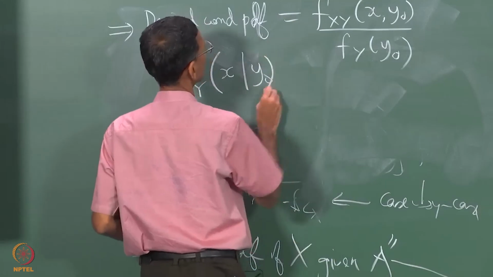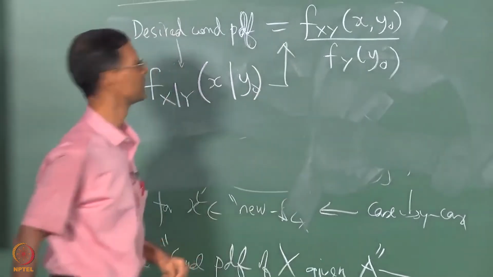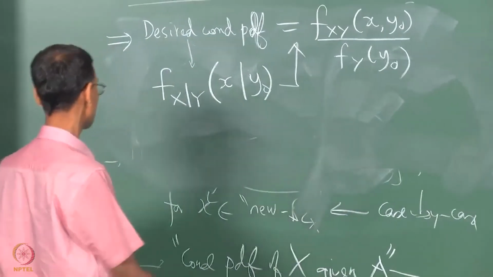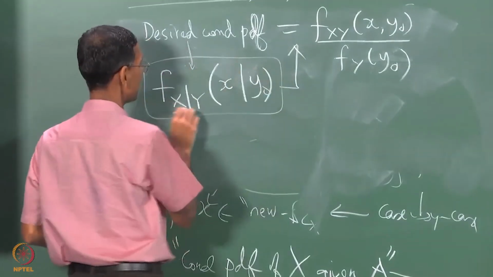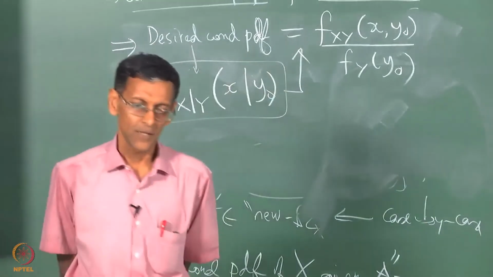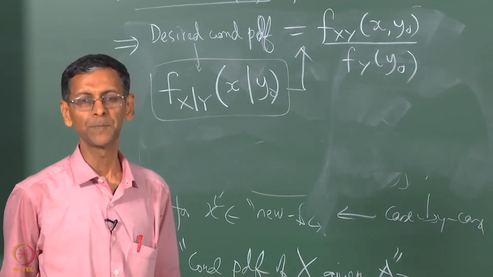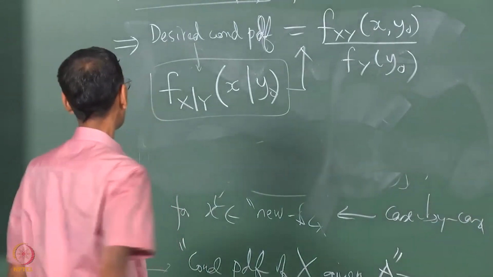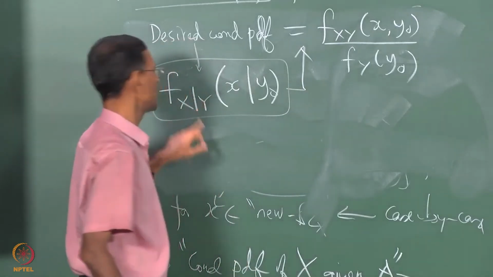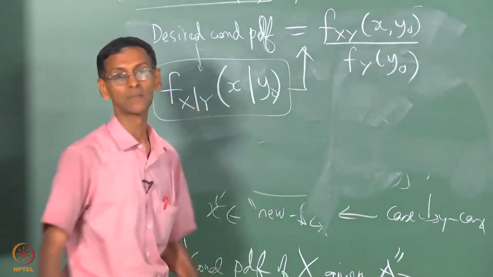Given y naught. So, is this notation clear? X given y, because the conditioning event y equal to y naught happens so frequently in practice that for that kind of conditioning we write it like this, x given y.